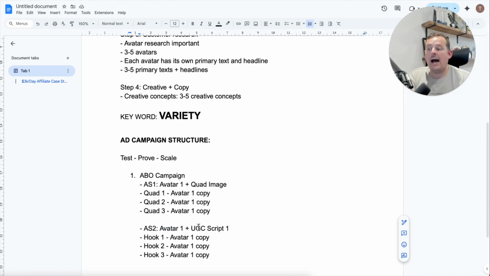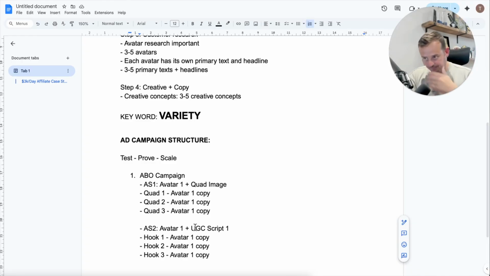Now, where I won't suit the script to the avatar is if it's quite a generic, broad script. That would be something that's maybe suited more with B-roll. That's more factual, more in-depth on the mechanism of the offer and the facts behind it, right? Like the studies from Harvard, right?